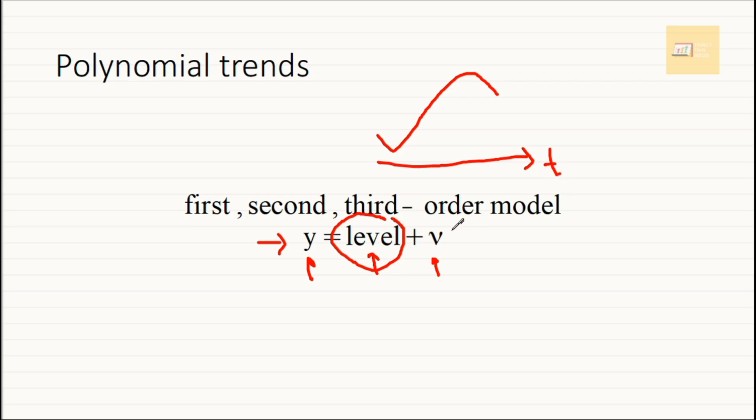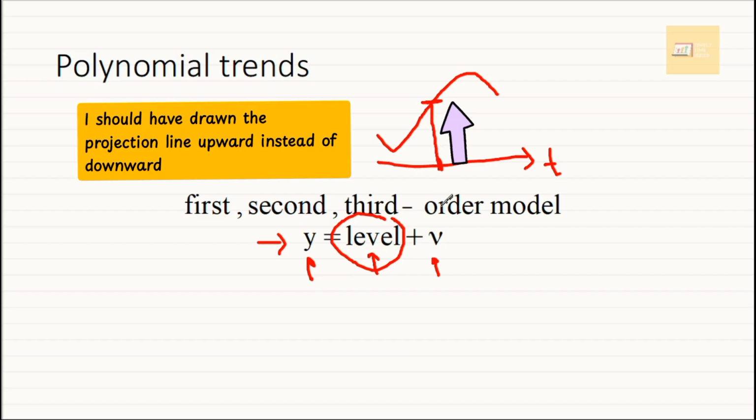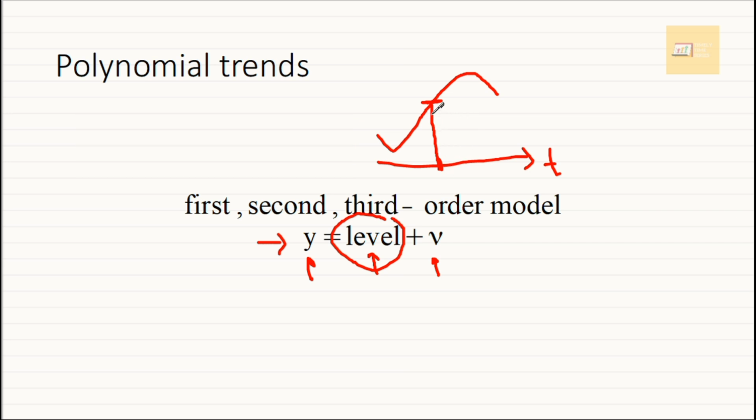To get the level at time t, let's say at this time point, we can just take the t and then project it to our quadratic equation to get the mean. But to get the observed value, we have to add some white noise. So that's the idea of the polynomial trend third order dynamic linear model.